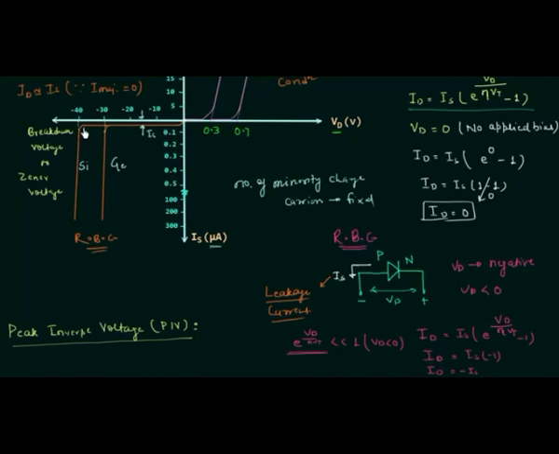This is the breakdown or Zener region, and the peak inverse voltage is the maximum reverse bias voltage that we can apply across the diode before it enters the Zener or breakdown region.